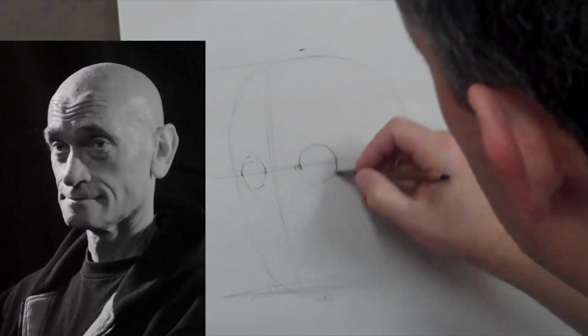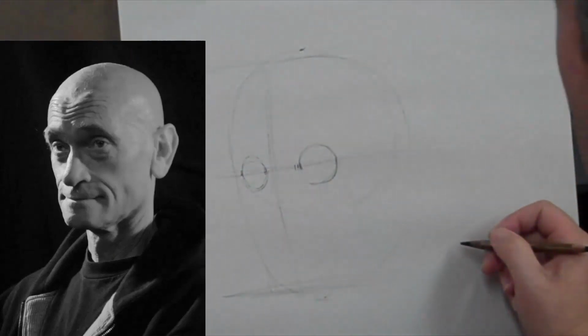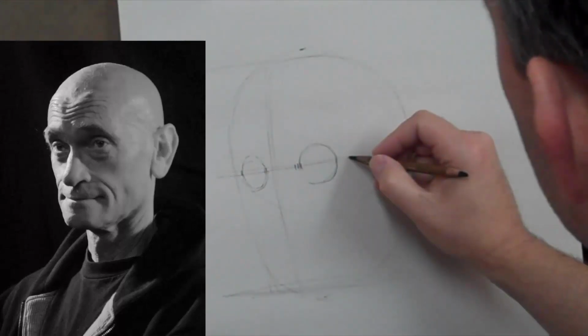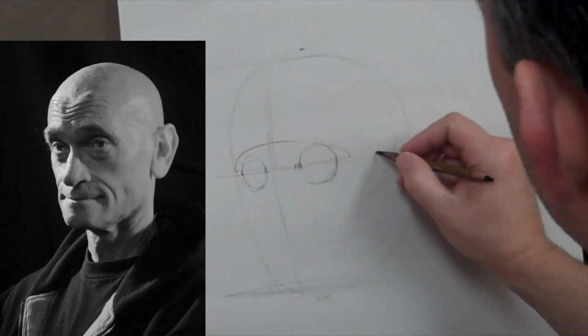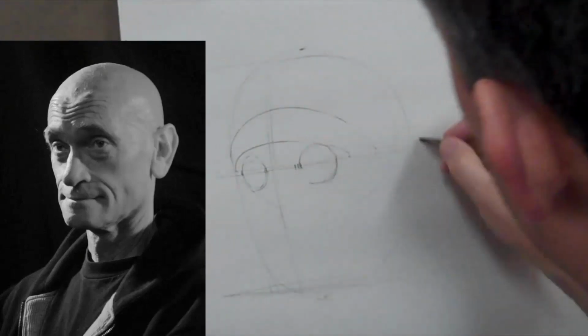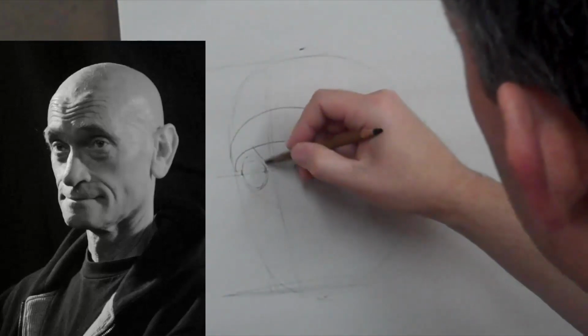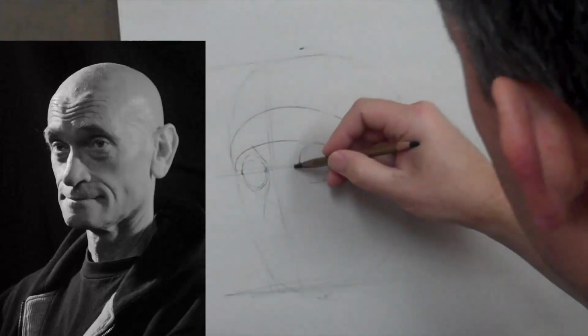So I like to draw in this circle, and I know that's maybe a little bit different for you, and it might be a little confusing because it's an abstraction. It'll eventually disappear into the drawing, but here's why. One, it gives me my simple shape, my simple proportion to work with. And number two, it represents the eyeball. Remember, we're pulling out all of the stops to get a sense of three-dimensionality to our head.